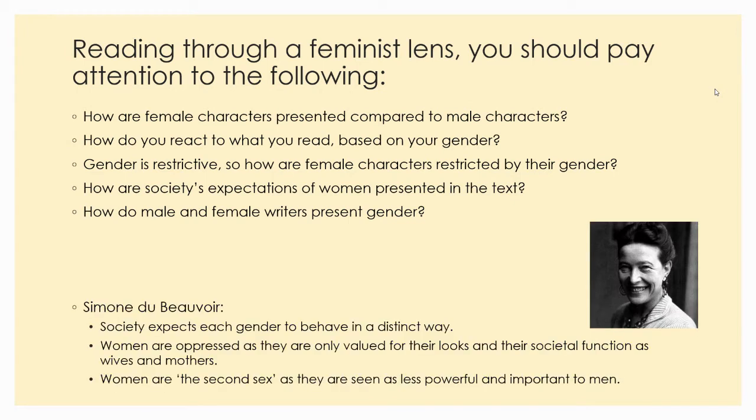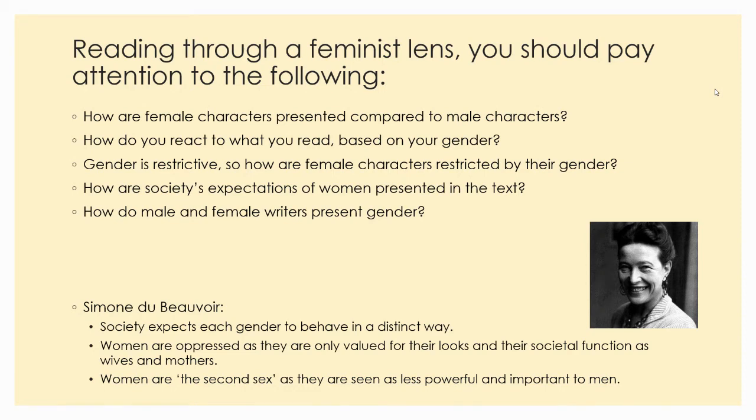Anyway, Simone de Beauvoir was a feminist critic back in the 20th century, and she stated these things. Society expects each gender to behave in a distinct way. So we are conditioned to behave in a way because of what society expects us to be like.